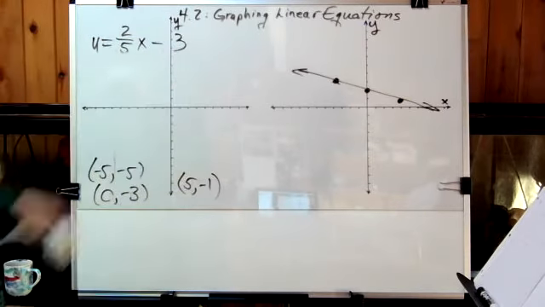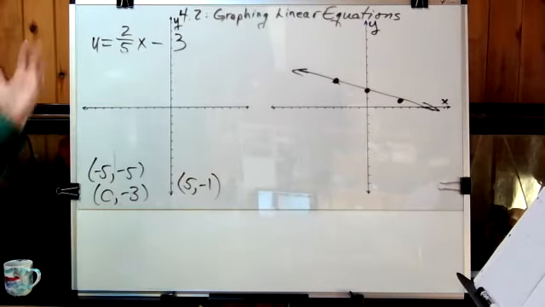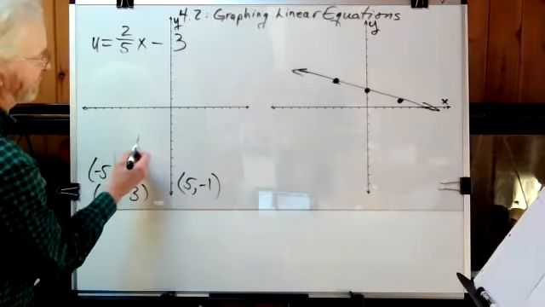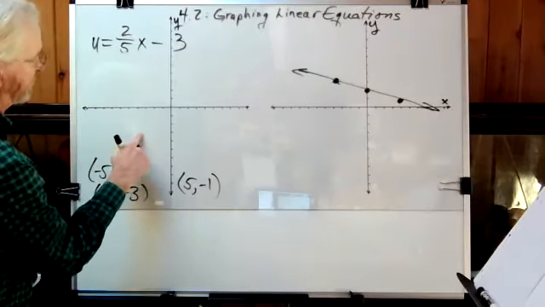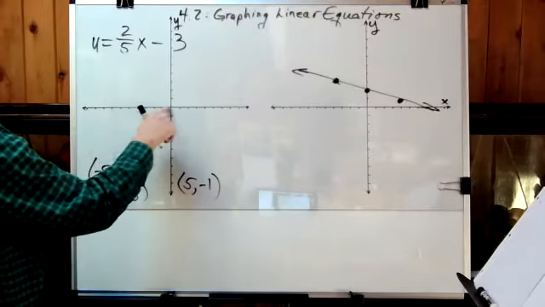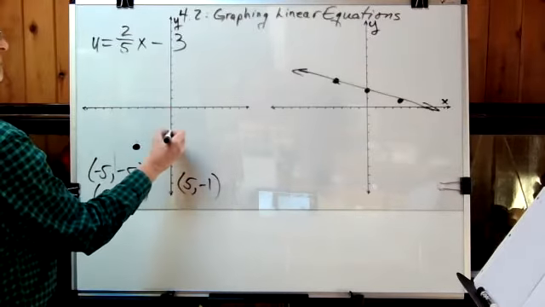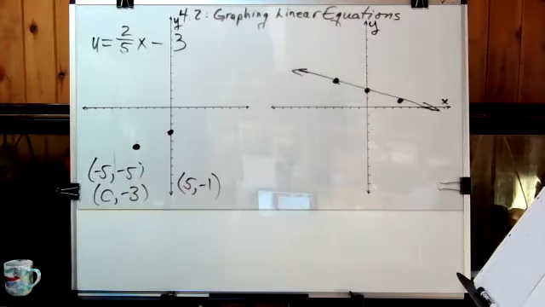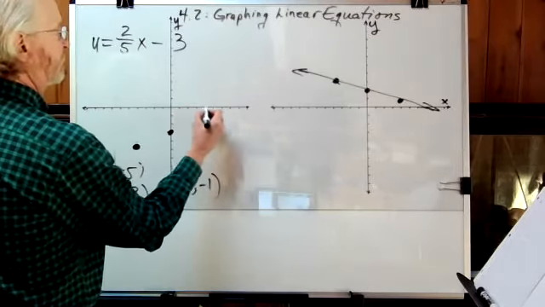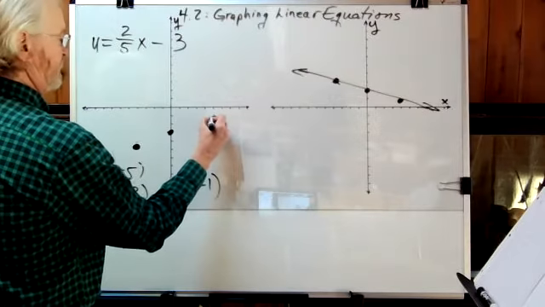All right. So just putting them on the graph, -5, -5, 1, 2, 3, 4, 5, 1, 2, 3, 4, 5. Just about there. 0 for x, negative 3 for y, 5 for x, negative 1 for y. 1, 2, 3, 4, 5, negative 1.